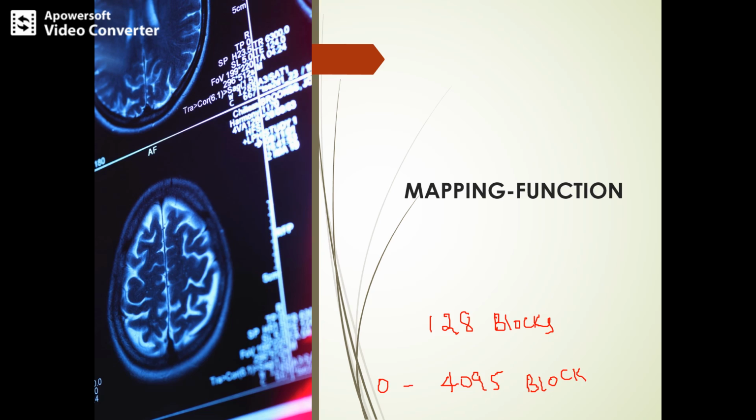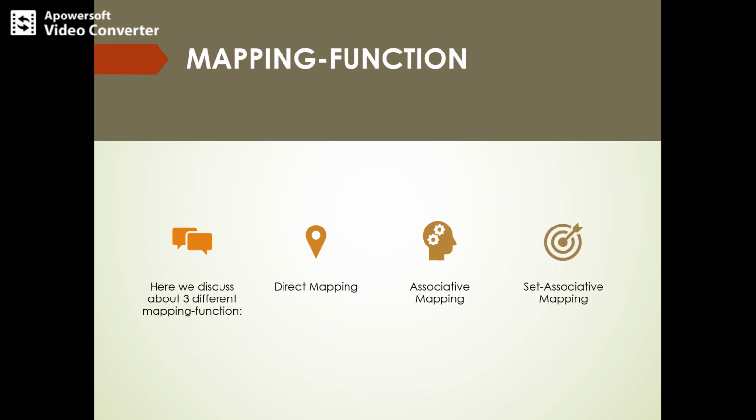The main memory has 64K words, organized as 4K blocks of 16 words each. Now we'll consider different mapping functions: the first one is direct mapping, the second method is associative mapping, and the third method is set associative mapping.